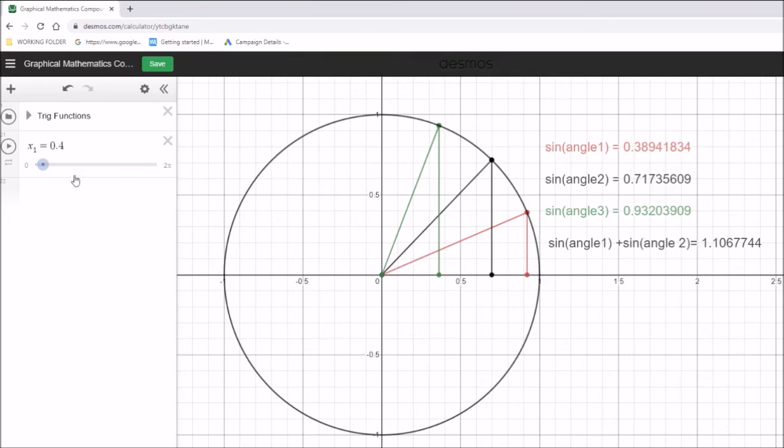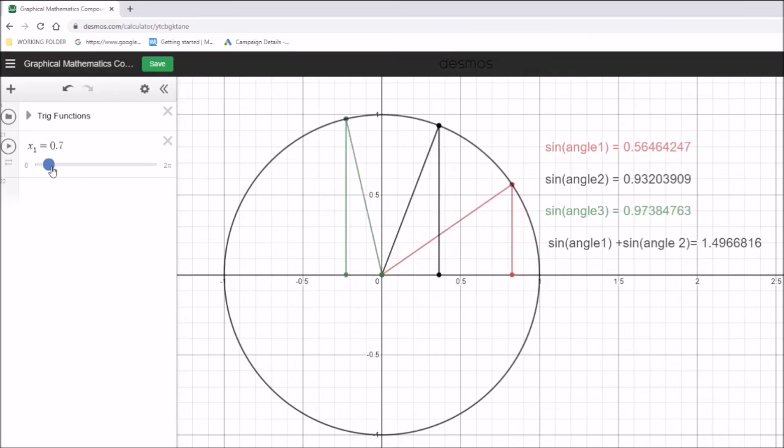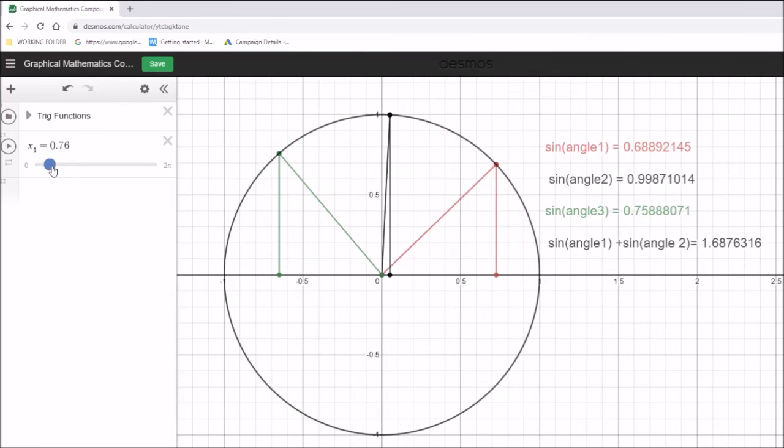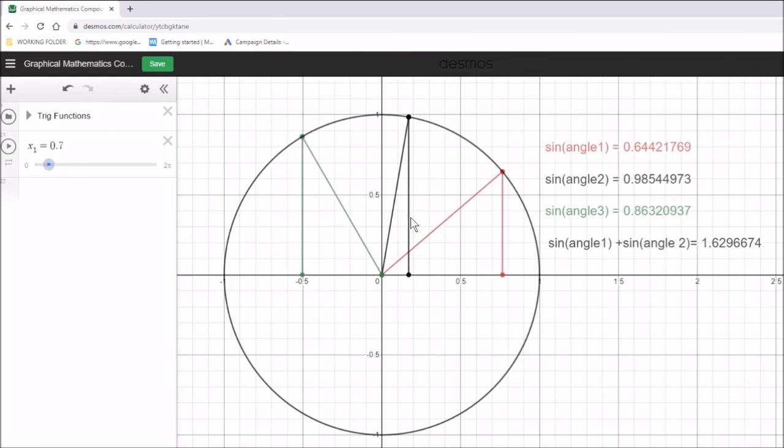You can see that quite clearly if you move it further round. I'll move it round to this point here. If we say sine of angle 1 plus the sine of angle 2 equals the sine of angle 3, then we would be saying that this height here plus this height here equals this height here, which is patently absurd because the sum of these two heights is going to be greater than this height, and that's what it shows us here.